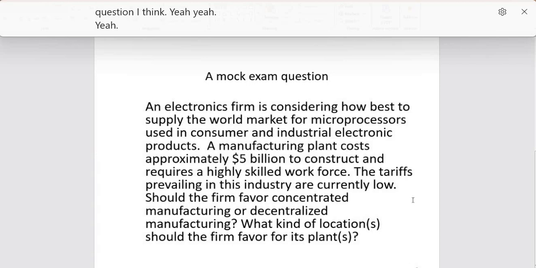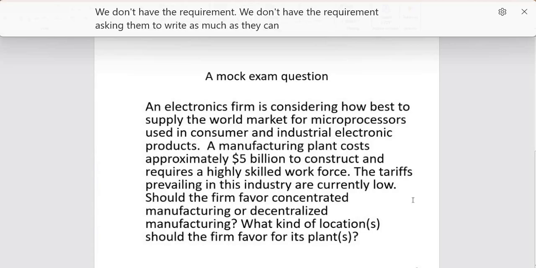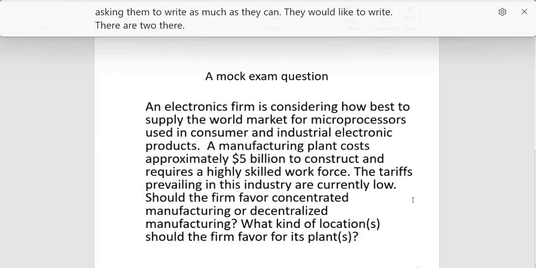We don't have the requirement. Ask them to write as much as they can. They would like to write. There are 3 pages for each question.